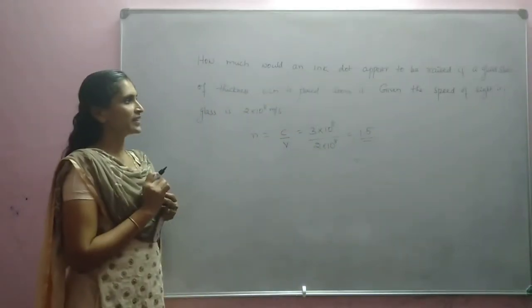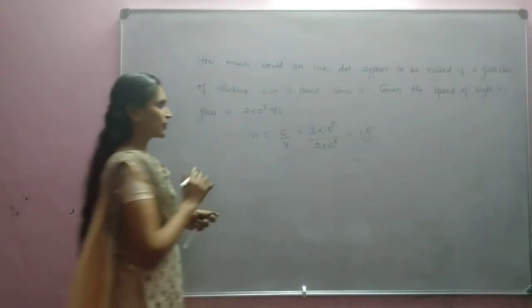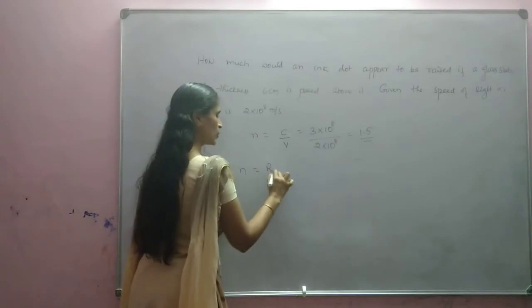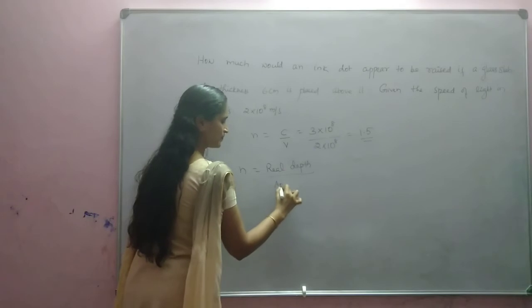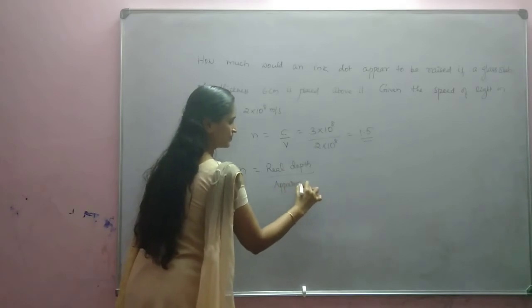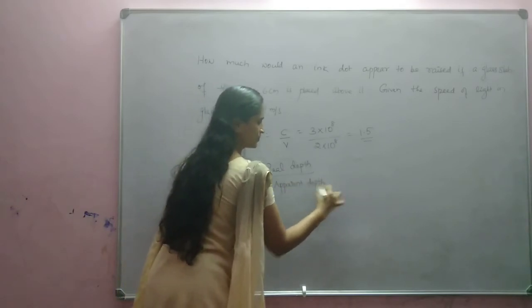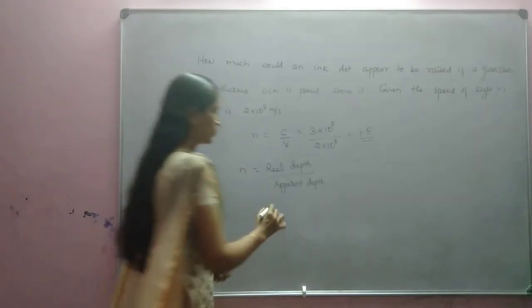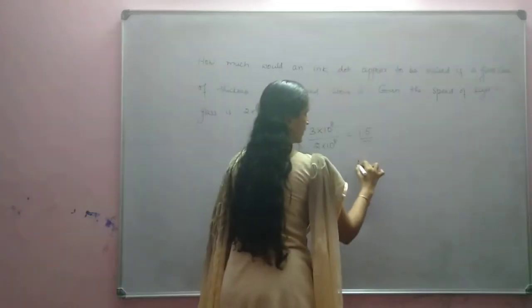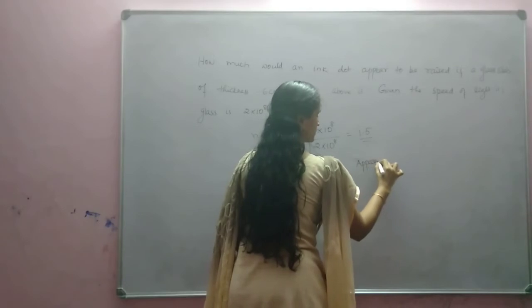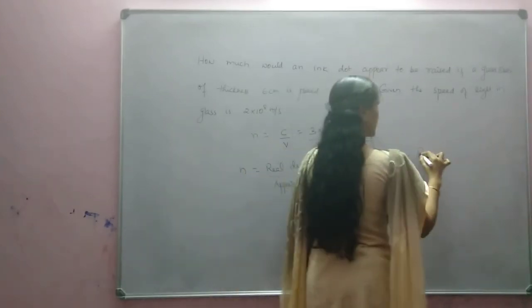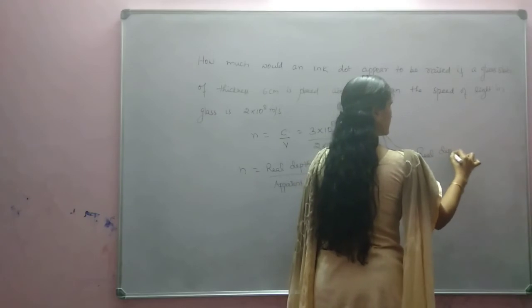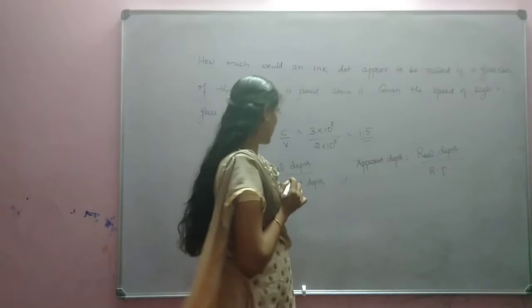Once you got refractive index, you can find the apparent depth. How to find apparent depth? Refractive index is equal to real depth divided by apparent depth. So apparent depth is equal to real depth divided by refractive index.